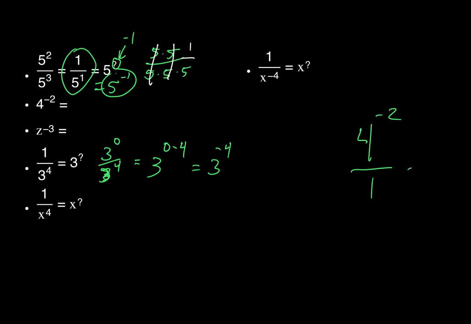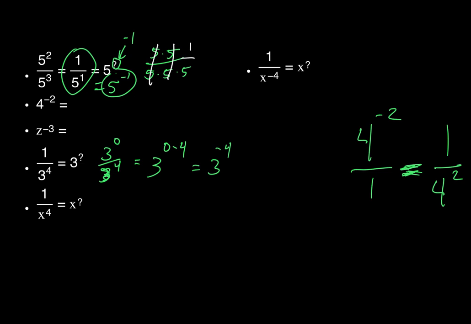And when I do, this is an equal sign, that 2 is now a positive 2. And then this will be 1 on the top. Those are identical in value. And this would be like if you grab your calculator, you plug in 4, and then you go to the power of negative 2. It'll give you a decimal.